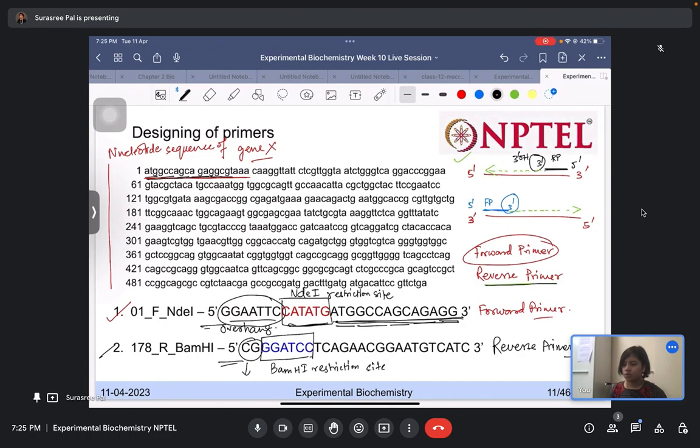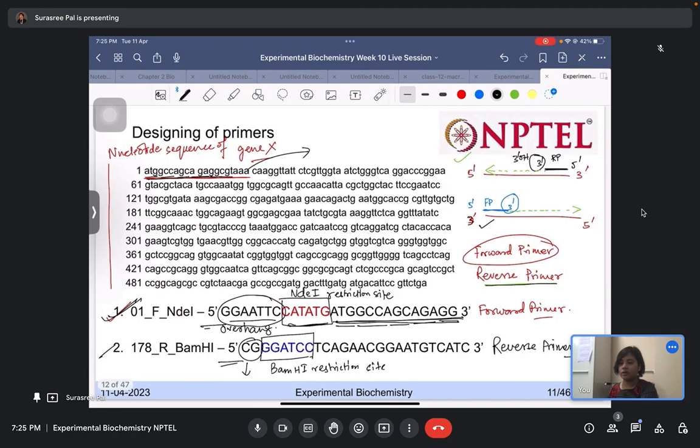Now, you must understand that this particular forward primer will not be complementary to this sequence because it is the same sequence. So there will be no complementarity, but this exact same sequence will be complementary to the opposite strand, which is the 3' to 5' strand, this particular strand.